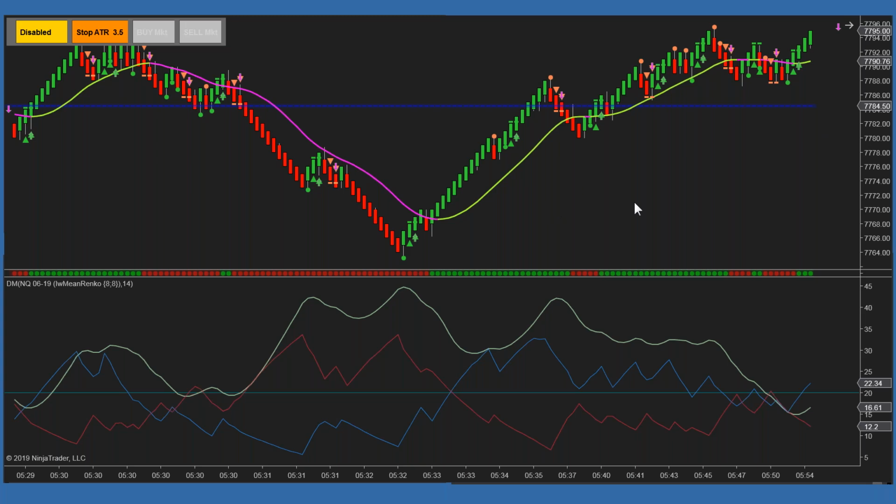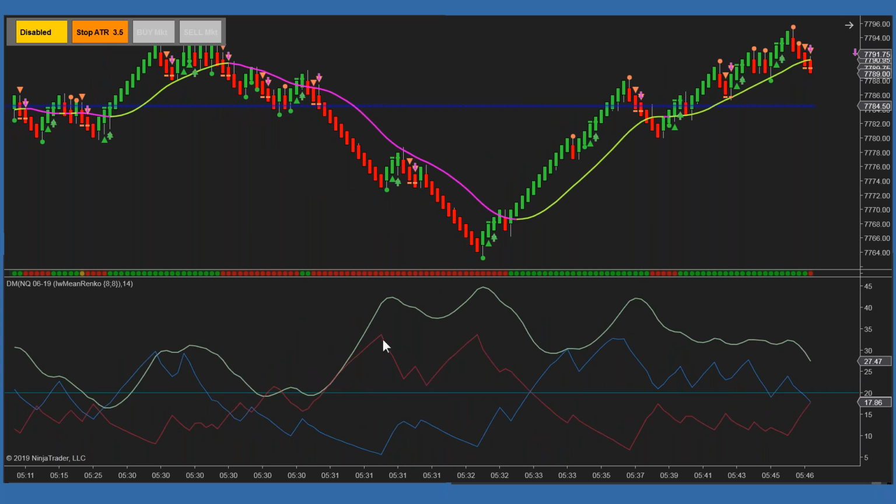What a lot of people don't know about ADX, though, is how it is actually calculated. Well, the calculation is derived from these two squiggly lines here below, which are your DMI lines, which stands for Directional Moving Index.